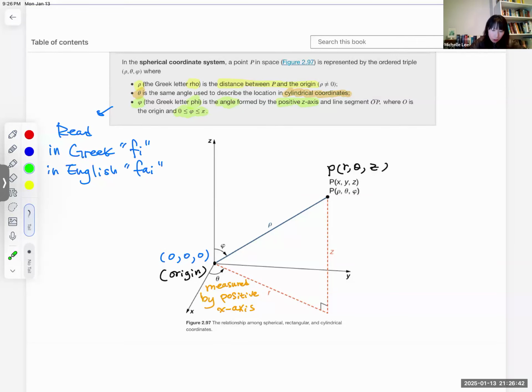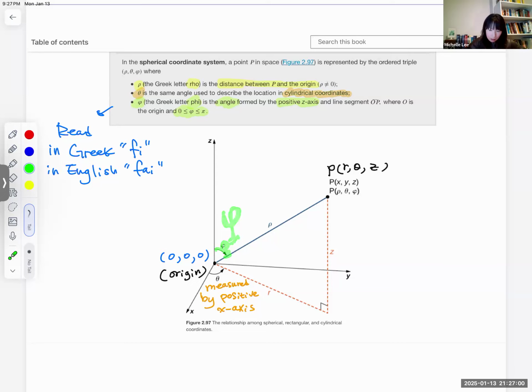All right, so this is also an angle. We measure it from the positive z-axis. So that is phi.